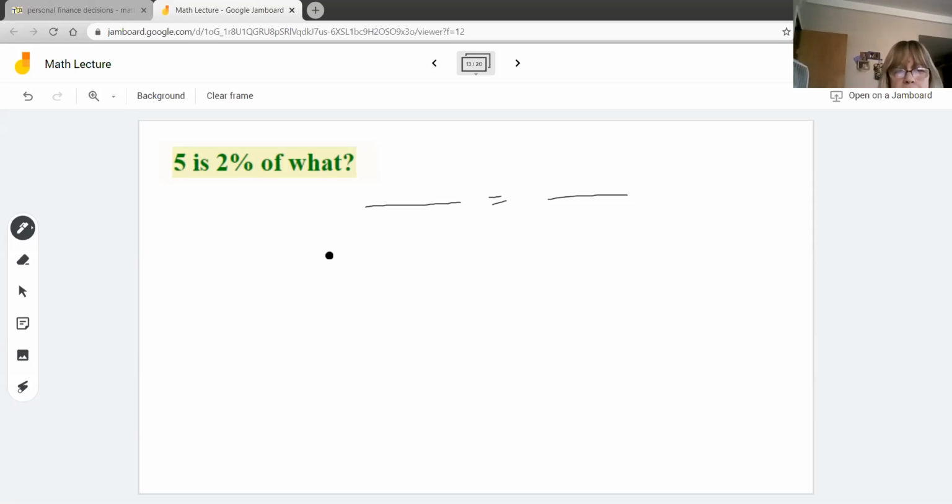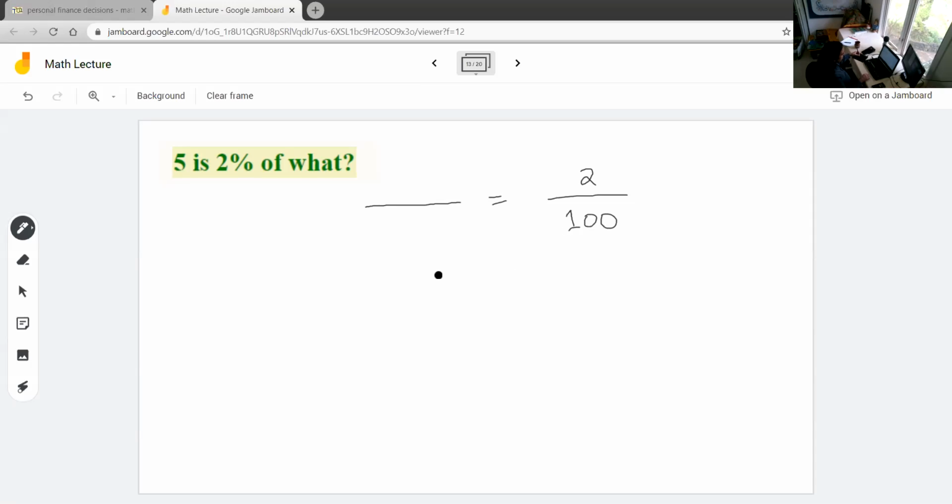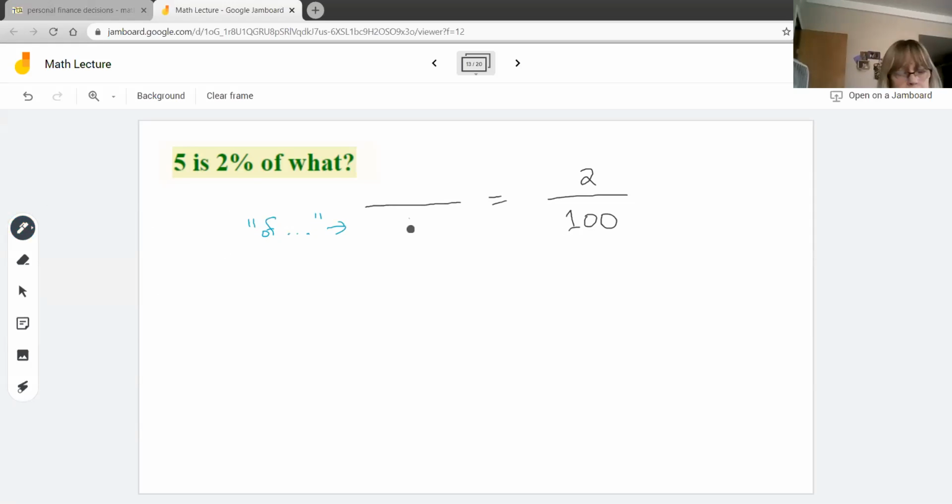I would take the 2% and put it on the top and 100 on the bottom. Okay, indeed, that's the second step. Third step, something comes after the word of. It'd be the y. The y of what? Last step, something I haven't used yet. That's my 5.